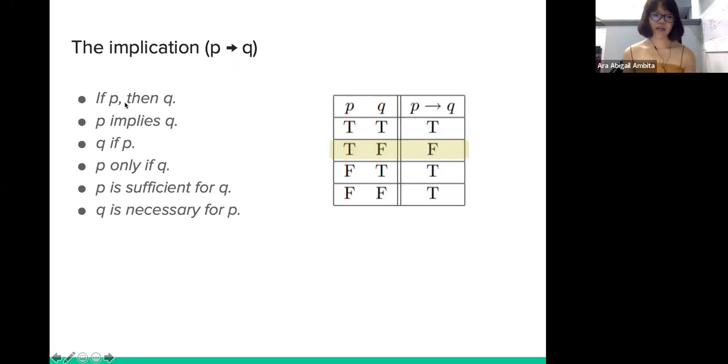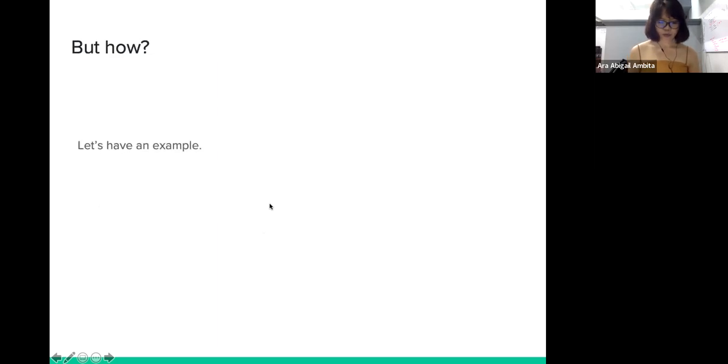Some of these are: if P then Q, which you have already encountered, P implies Q, Q if P, P only if Q, P is sufficient for Q, Q is necessary for P, etc. A useful way to understand the truth value of a conditional statement is thinking of the statement as an obligation or a contract.